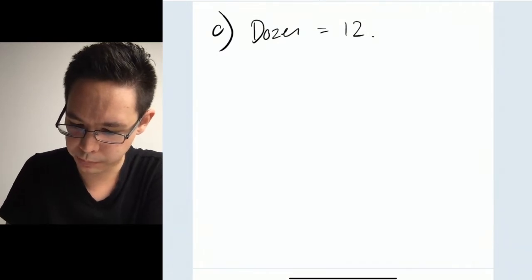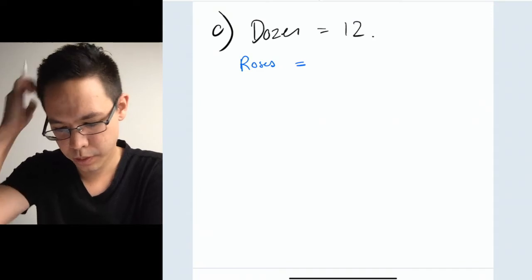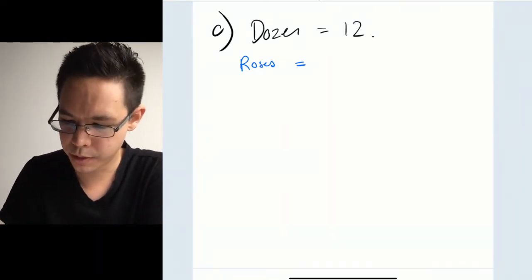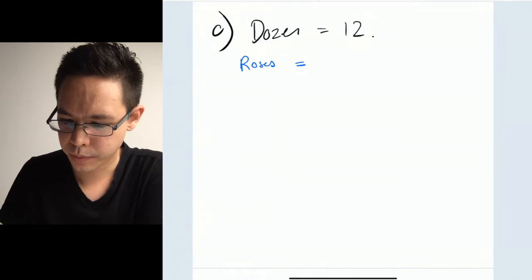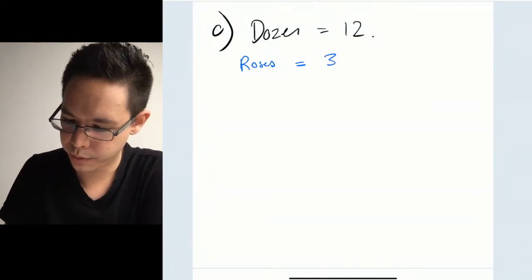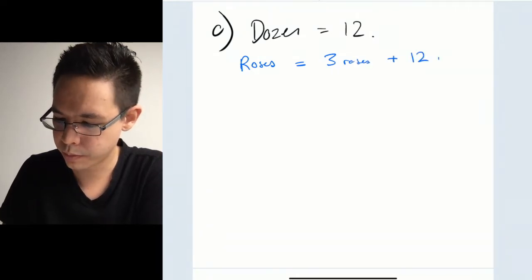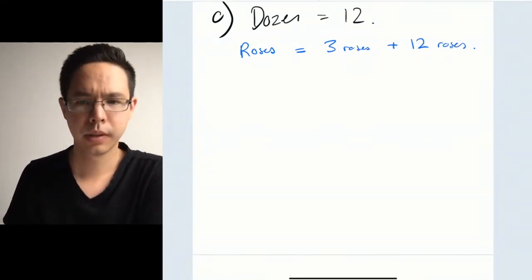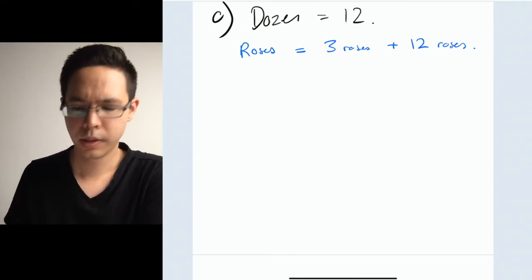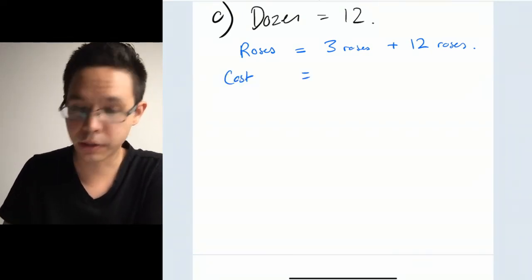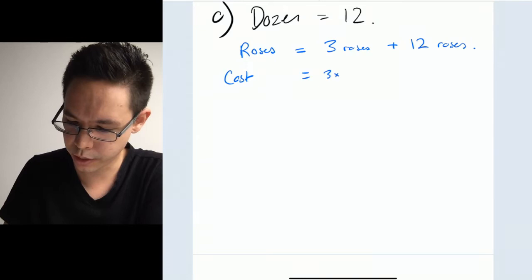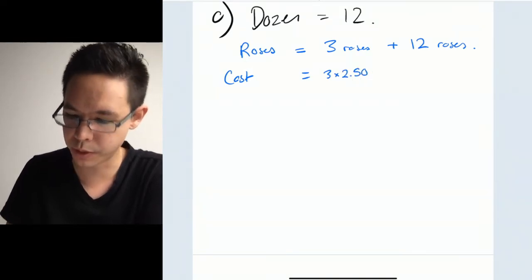They could buy 15 roses. That means that they have 3 roses plus the dozen roses. So we know the cost is going to be the cost of 3 roses. So let's do 3 times the price of those roses.